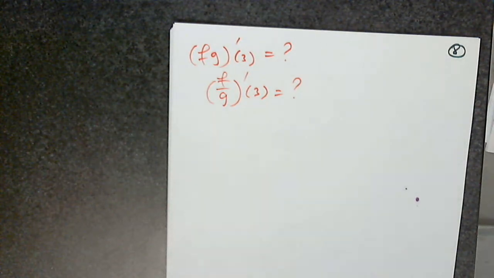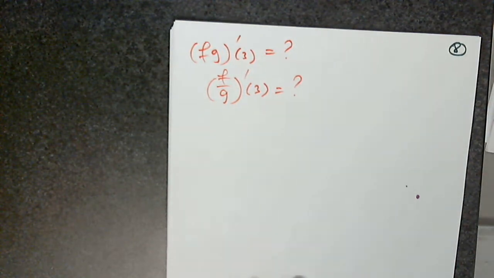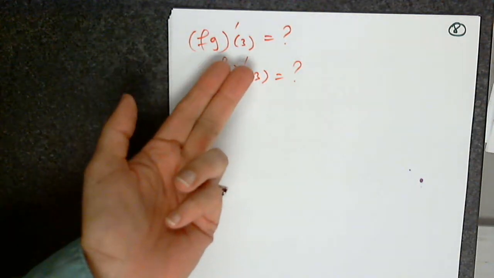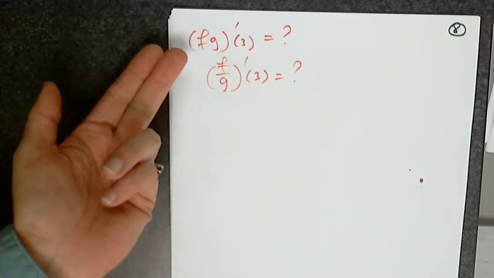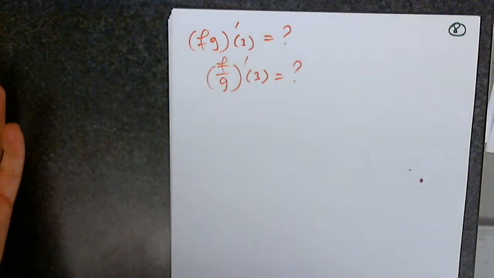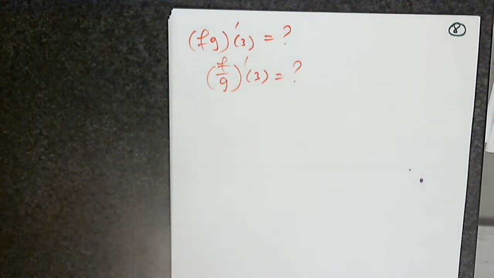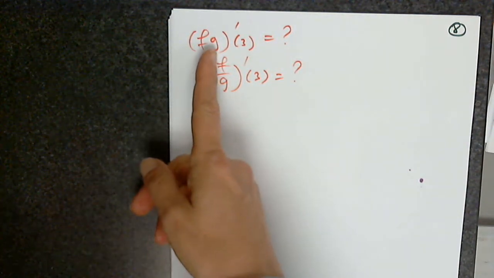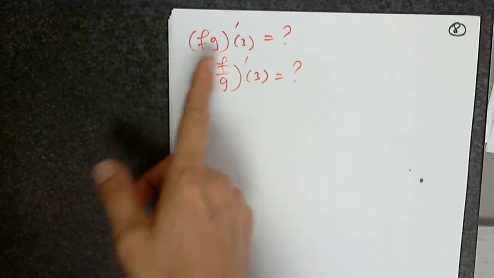Wait a minute, you haven't given me the function. Give me the function. I'll find the derivative, and then I will plug in what? Right. So I can't find fg prime of 3 unless I have what first? I have to have fg prime of x.